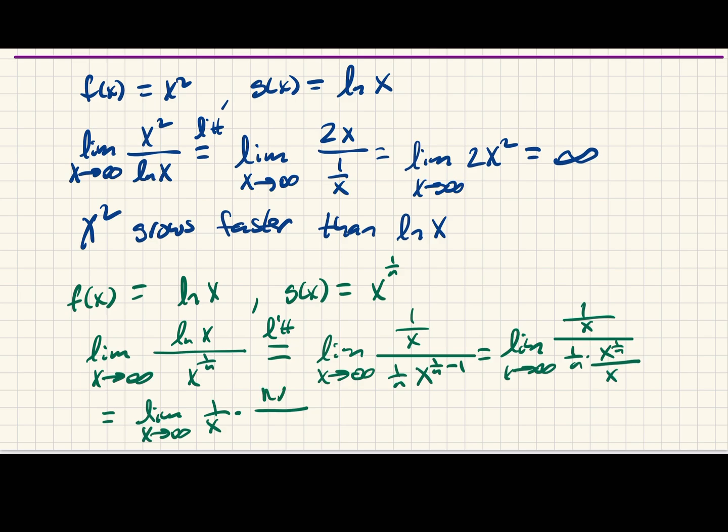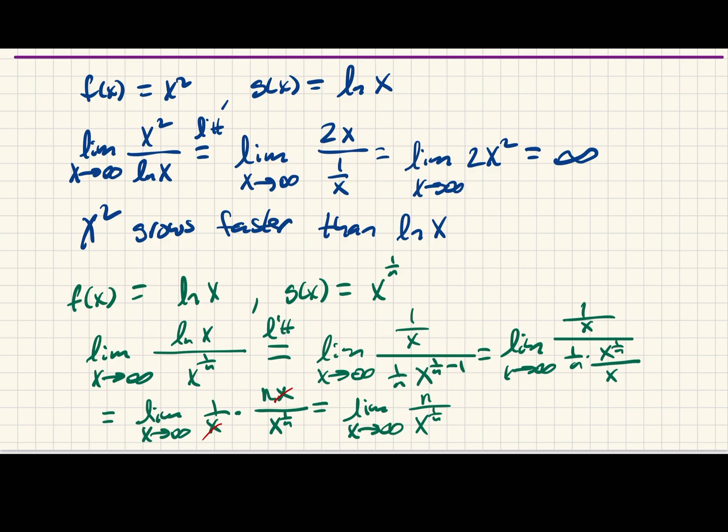That means that n goes on the top, and x to the 1 over n goes on the bottom. And the nice thing is that those x's are going to cancel. So we've got the limit as x goes to infinity of n over x to the 1 over n.